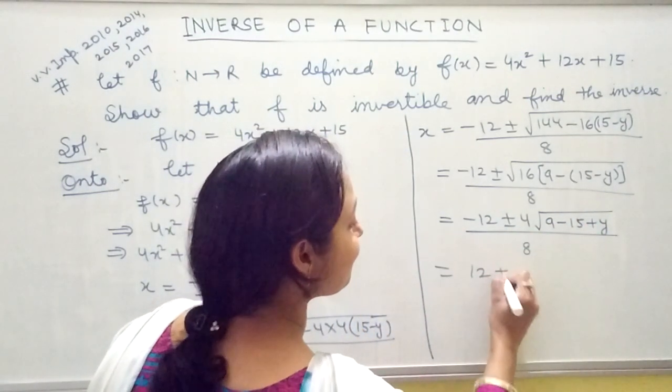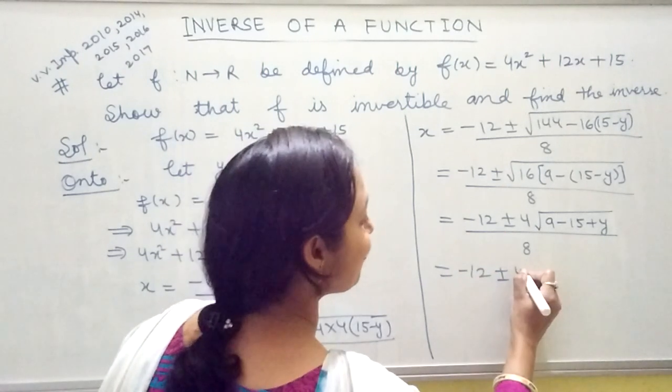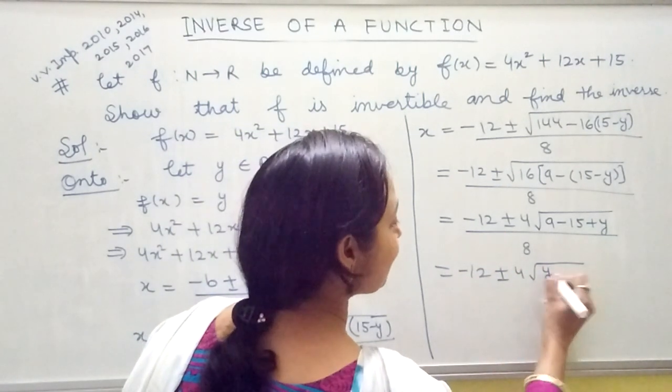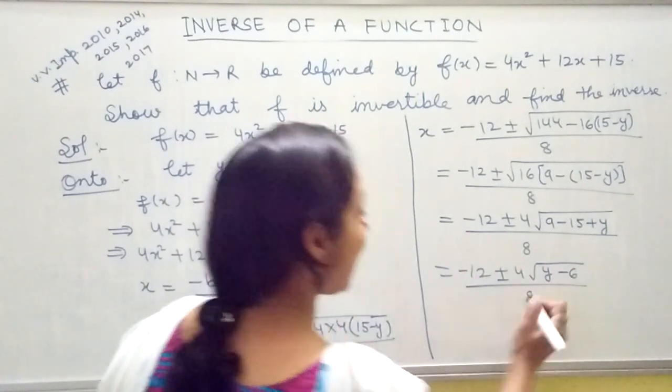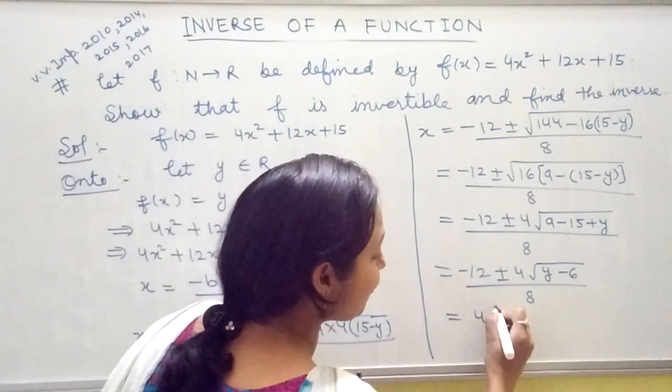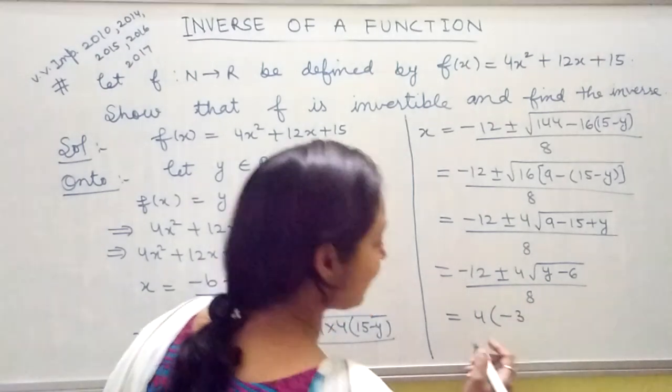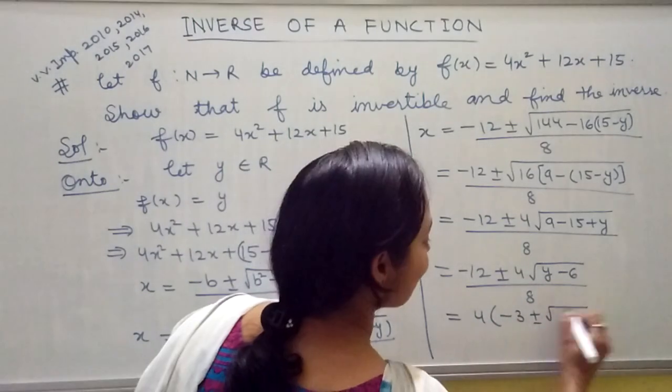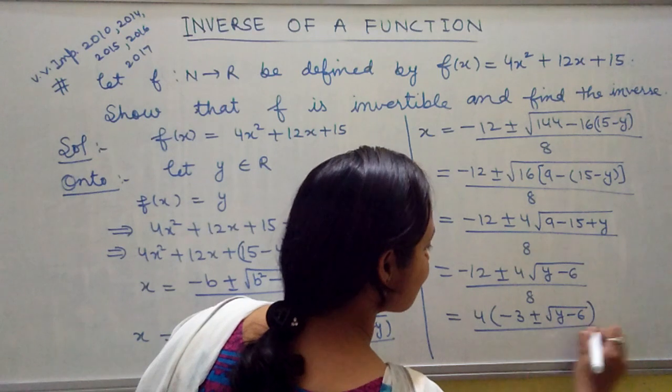What is the next step? Minus 12 plus minus 4 under root of y minus 6, upon 8. I will take 4 common for the cancellation. When you take 4 common, it is equal to minus 3 plus minus under root y minus 6, upon 2.